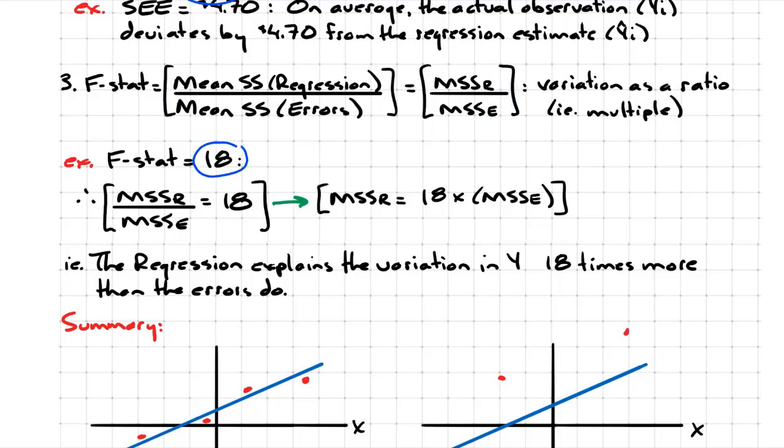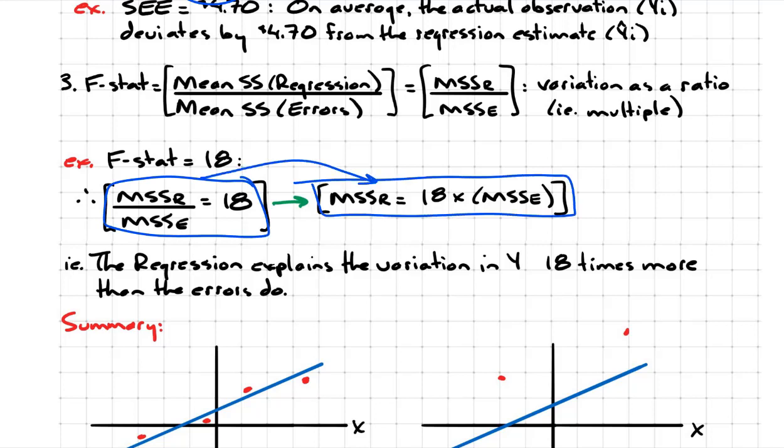Suppose that we're told FSTAT is 18. Now we know FSTAT is the mean sum of squares of the regression divided by the mean sum of squares of the errors. So this equals 18. Now, whenever I'm given a ratio, I like to flatten it out. And here's what I mean by flattening it out. All I'm going to do is bring this over here, and we get the following expression right there.